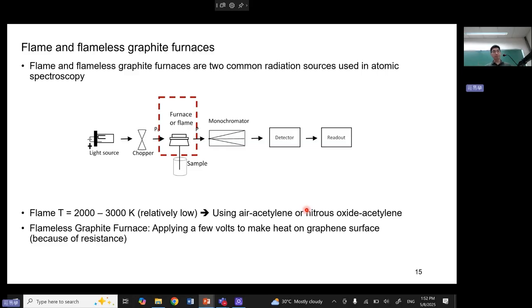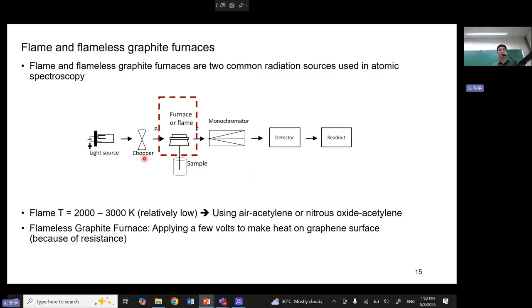All right, so after the quick introduction of these two types of spectrometry, let's go into flame and flameless graphite furnace atomic absorption spectrometry. In these slides, it basically shows you the key components inside FAA or GFAA.